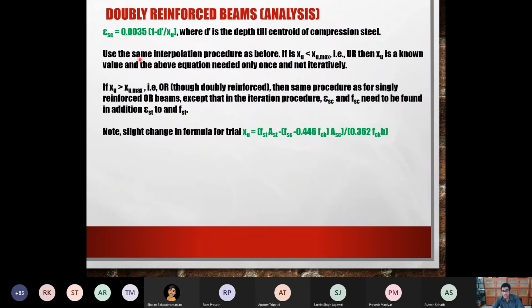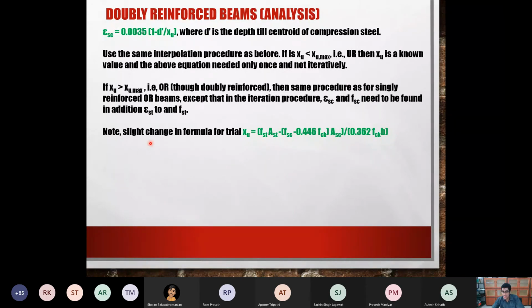Use the same interpolation procedure as before. Find out if XU is less than XU max. This is the same procedure, so we won't spend too much time explaining it. Using that we'll find out the strain and stress in the compression steel, in addition to those in the tension steel.